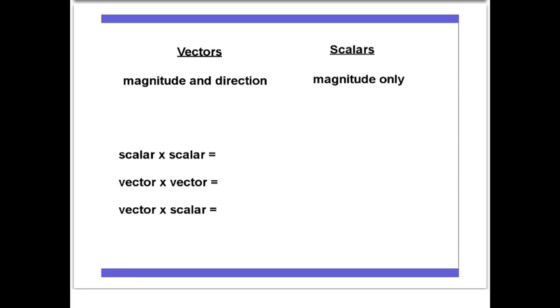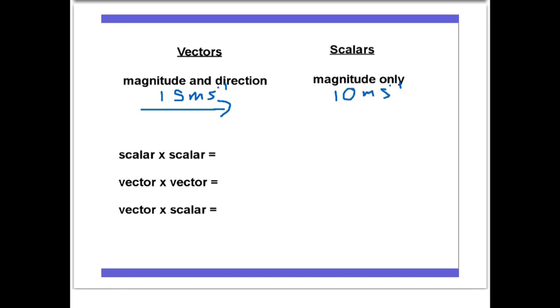So, firstly, vectors and scalars. You'll recall that vectors are defined by magnitude and direction, whereas scalars are magnitude only. Vectors we often represent as arrows with numbers above them, whereas scalars will usually only be a number with units, and units for a vector as well.